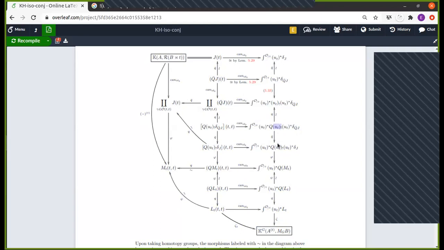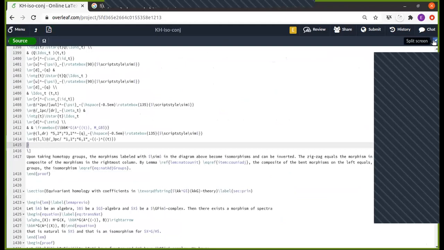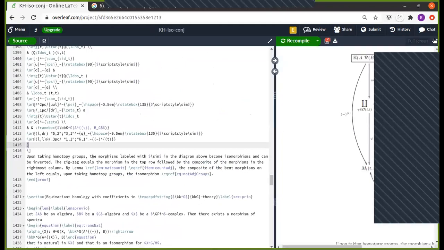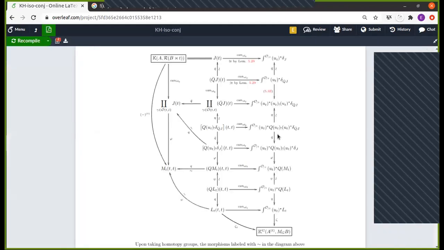So here, from this Q bar to the top, everything is part of the final step, of which I did not give the details. So it is technical, yes.